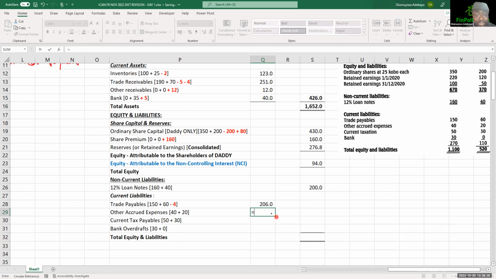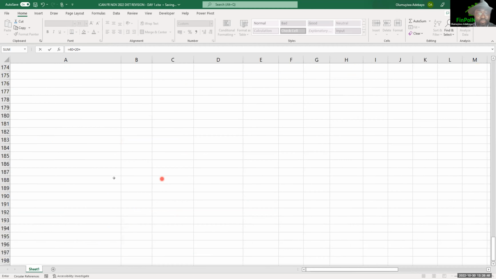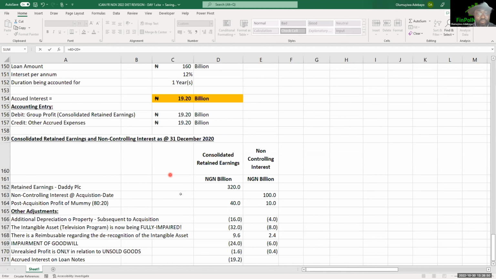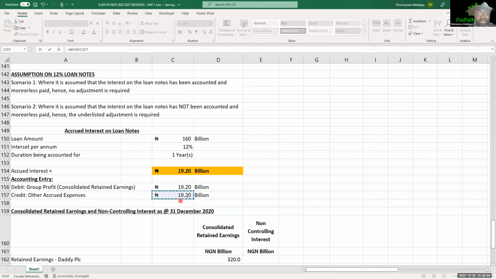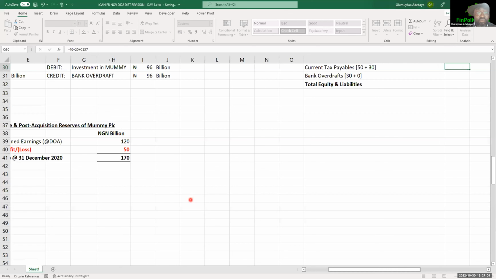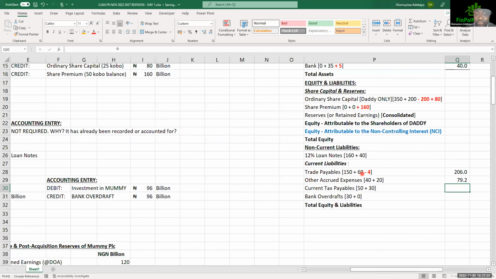Accrued expense 40, 20, plus the interest that we talked about here on loan, based on the second assumption we considered. That is interest, accrued interest, 19.2.